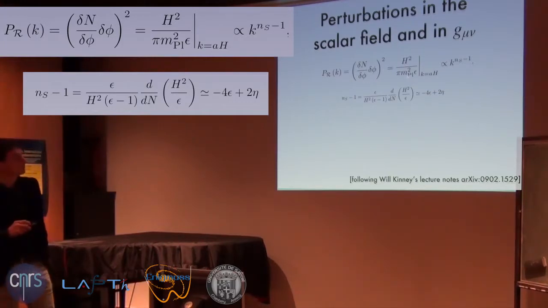But importantly, the normalization of these perturbations, so this number 10 to the minus 5 in the cosmic microwave background, depends on the scale factor, on the expansion rate during inflation divided by epsilon. So we only know some ratio of derivatives with respect to the actual function. We don't know the normalization of the scale factor if we only know the scalar perturbations.